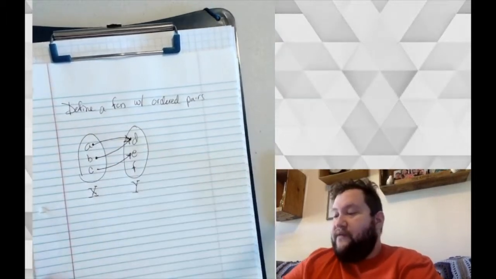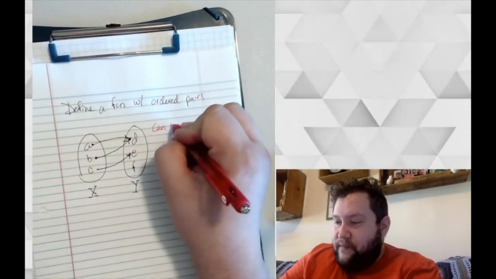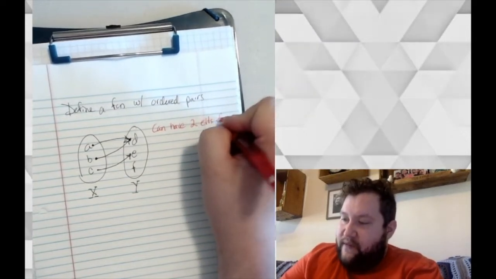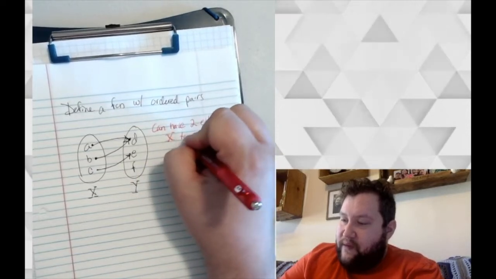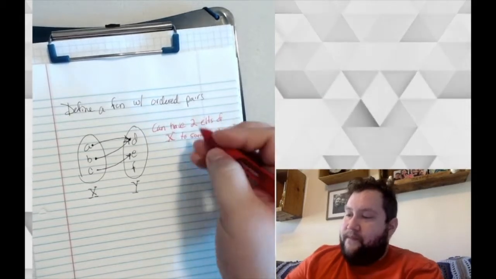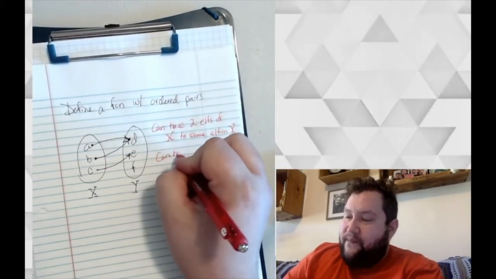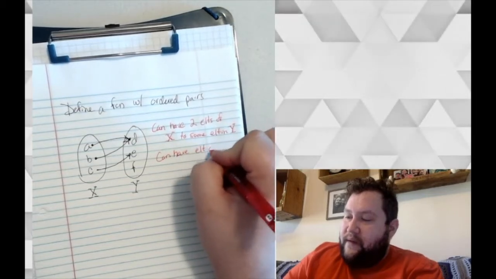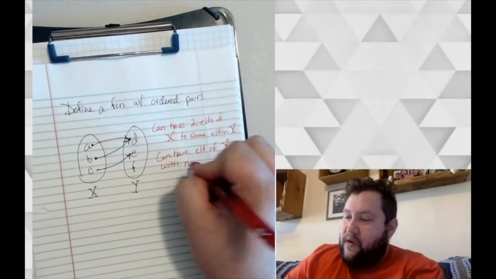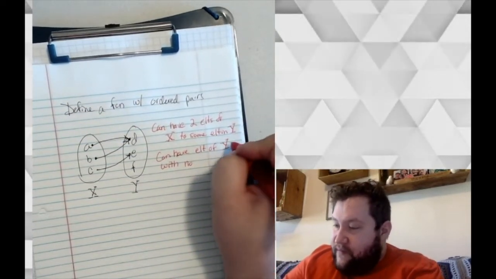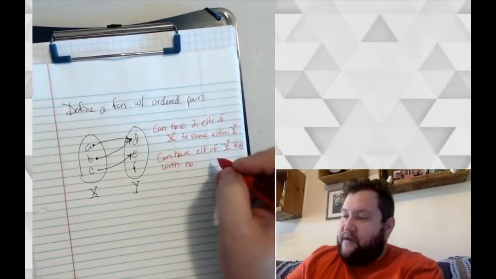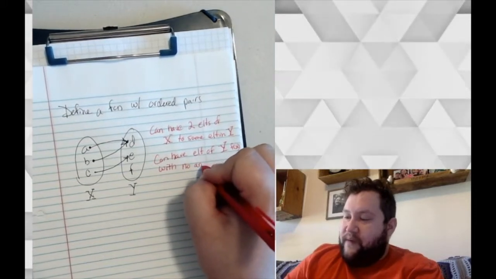So we can have 2 elements of x to the same element in y, or we can have some element f of x with no arrow into it.